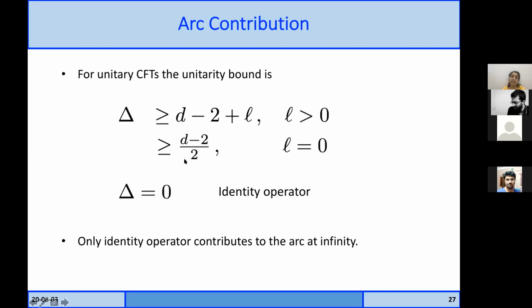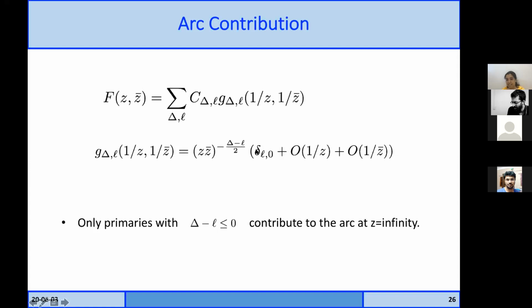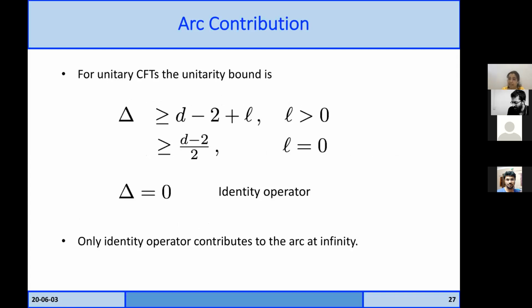The unitarity bound tells us that in a unitary CFT there are no such operators other than the identity that contribute to the arc. So even though we have higher spin operators, they will not contribute. The only thing that can contribute is the identity operator. So in this expression, that's what I meant: it should be the identity. Is it clear now?